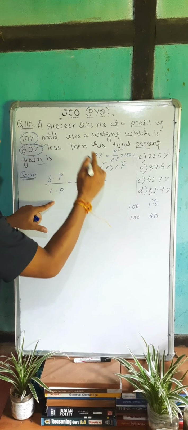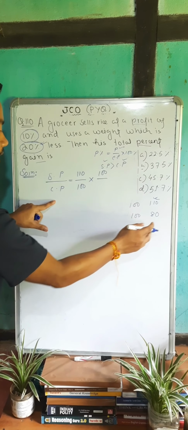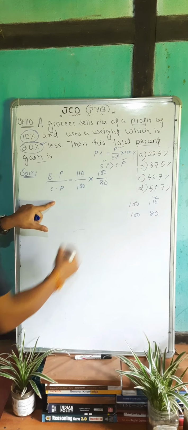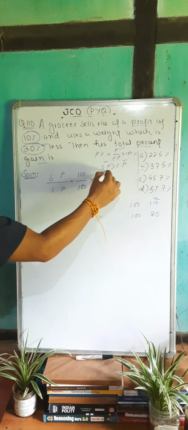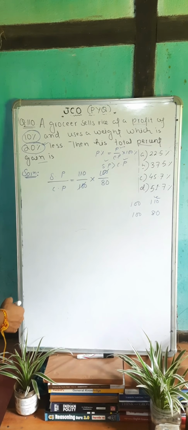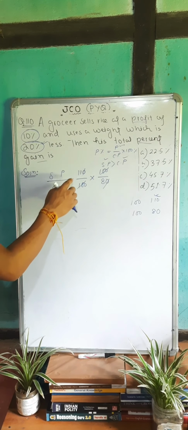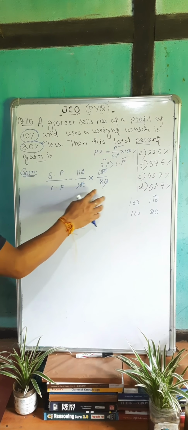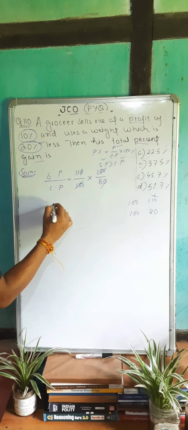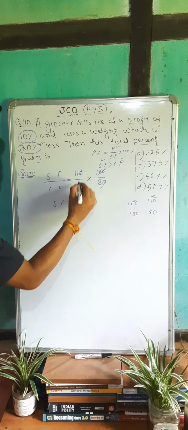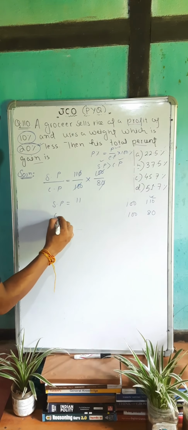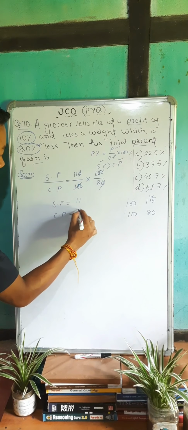Which one is greater? We need to write up, then the less one is 80 gram. Now we can solve. 100 cancel, 0, 0, cancel. Now in numerator we have got 11 and in denominator we have got 8, which is equal to selling price is 11, then cost price will give us 8.